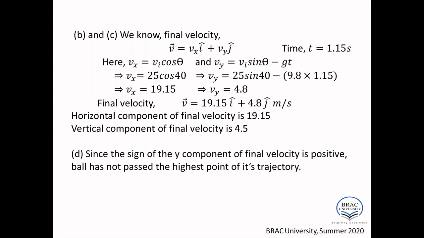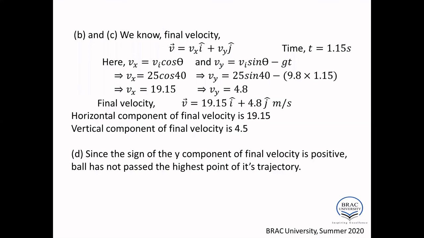Okay. So Vx is equal to Vi cos theta. Vx equal to 25 cos 40 degree. So Vx equal to 19.15. And Vy is equal to Vi sin theta minus gt. So Vy equal to 25 sin 40 minus 9.8 into 1.15.